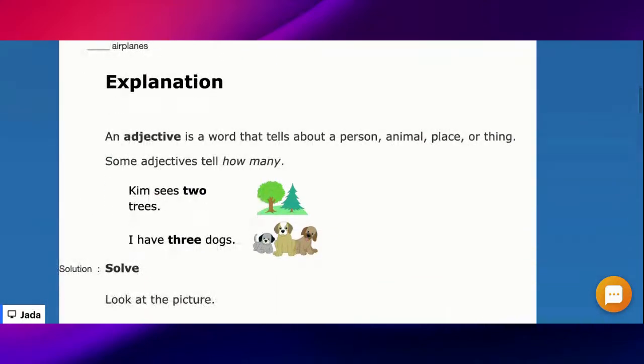We already know that adjective tells us about a person, animal, place, or thing. But some adjective also tells us how many.